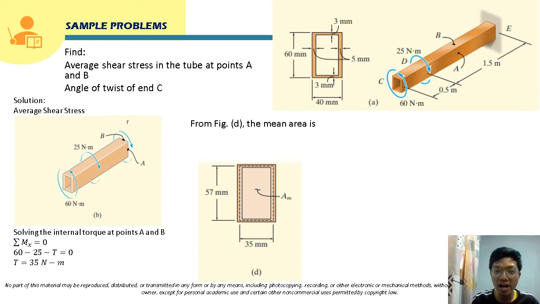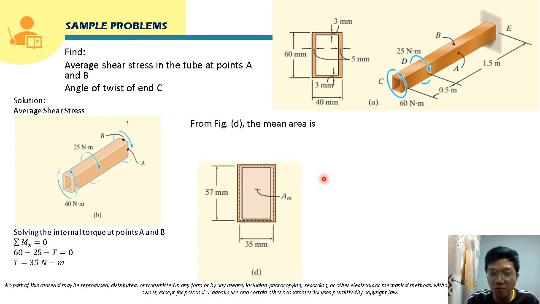The mean area will be the area enclosed by these center lines. Let's say this width is actually 35 millimeter.